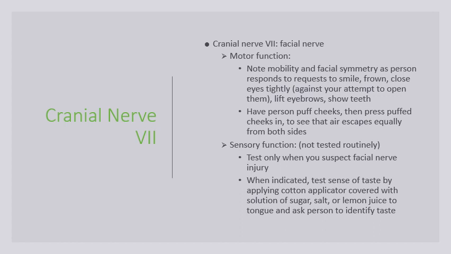Sensory wise is only if you suspect facial injury. You can test the sense of taste by applying sugar, salt, or lemon juice to the tongue and asking the person to identify taste. The most distal portion of the tongue, the part that sticks out, is innervated by 7.